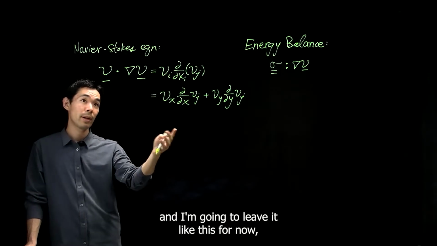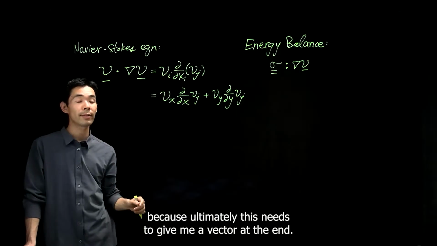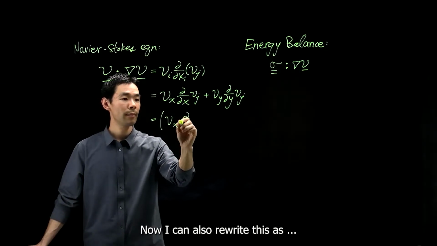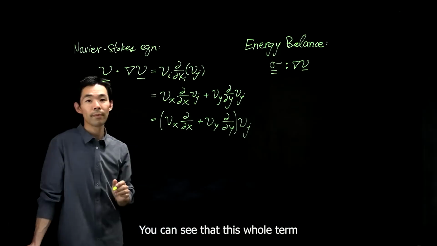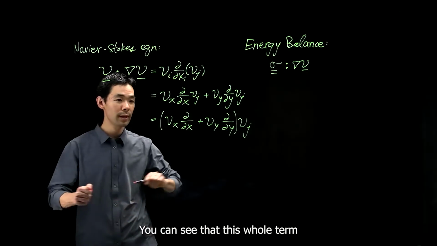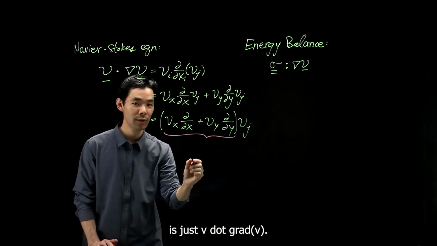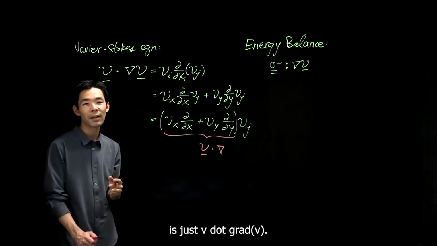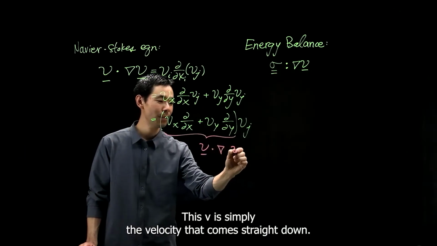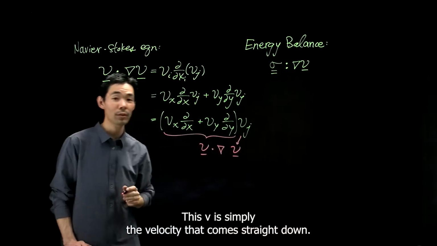And I'm going to leave it like this for now, because ultimately this needs to give me a vector at the end. Okay? So now I can also rewrite this just like that. So you can clearly see that this whole term right here is just v dotted into the gradient operator. And this v is simply the velocity that comes straight down.